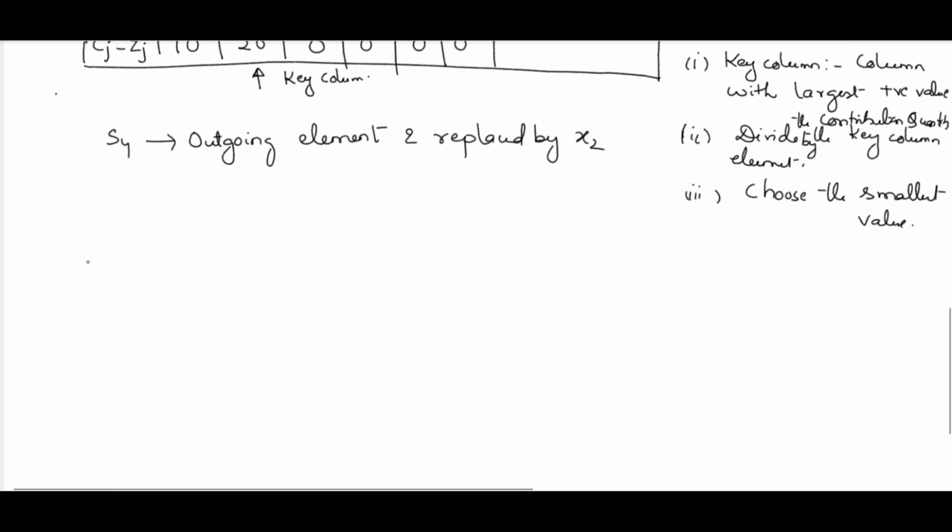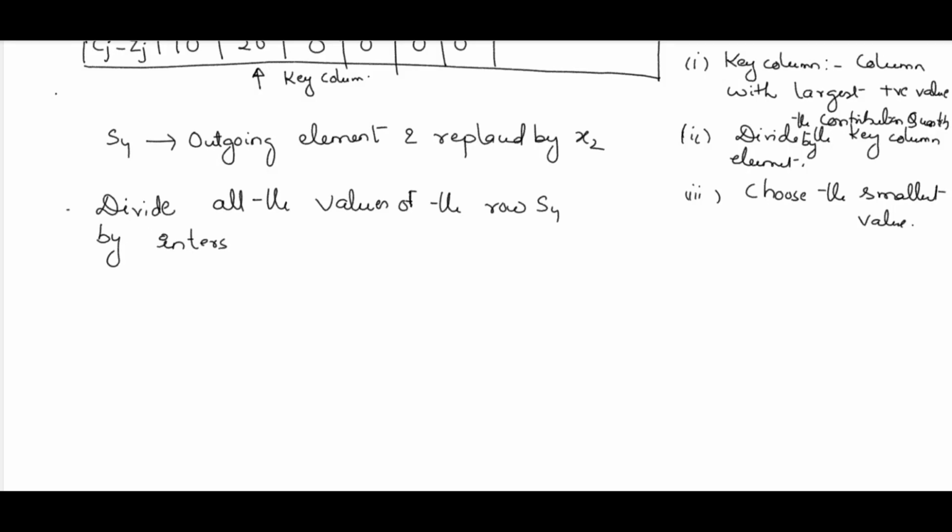The rule is that we divide all the values of that row, that means the S4 containing row, by the intersection element.